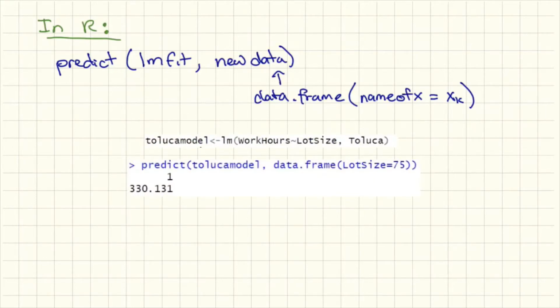So for the Toluca model, you can see that I called it Toluca model, and Y is work hours, and X is lot size. When I go to predict, I put that model name in, I put my new data frame, and my lot size, the same variable name as I used for X before, is 75, and I get my point estimate.